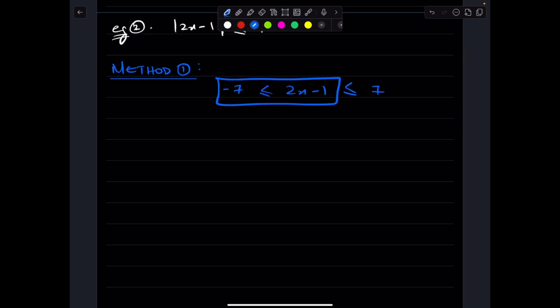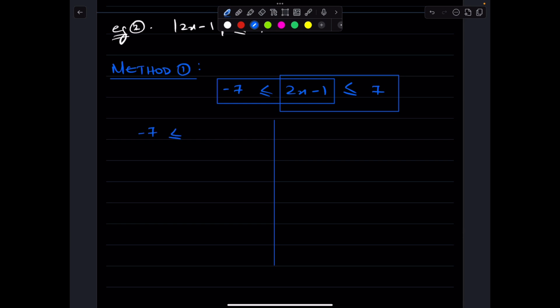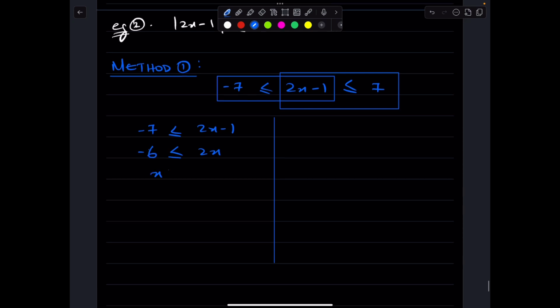We'll break this into two parts like this and make two columns. So we have minus 7 is less than or equal to 2x minus 1, and this turns out to be 2x is greater than or equal to minus 6. So we have x is greater than or equal to minus 3.